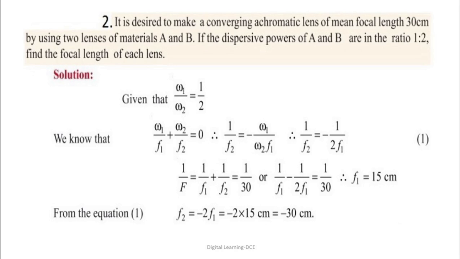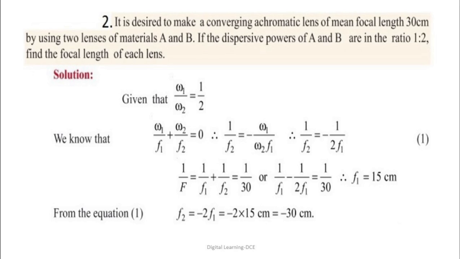Solution: given that omega 1 by omega 2 is equal to half, we know that omega 1 by f1 plus omega 2 by f2 is equal to 0. Therefore, 1 by f2 is equal to minus omega 1 by (omega 2 f1).